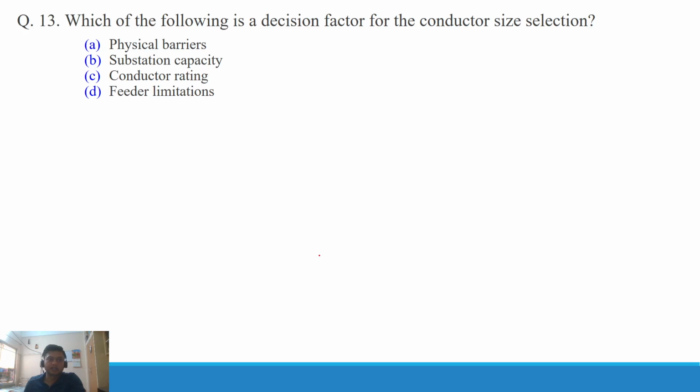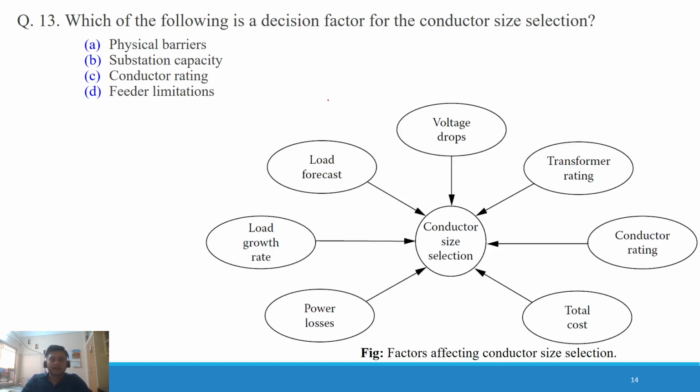Now let us see the next problem. The next problem is: which of the following is a decision factor for the conductor size selection? Options are physical barriers, substation capacity, conductor rating, feeder limitation. If we see this figure, the conductor size selection depends on the voltage drops, transformer rating, conductor rating, total cost, power losses, load growth rate, load forecast.